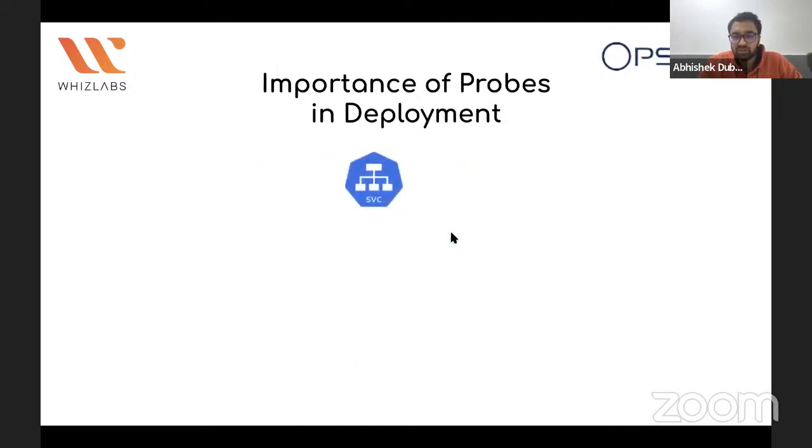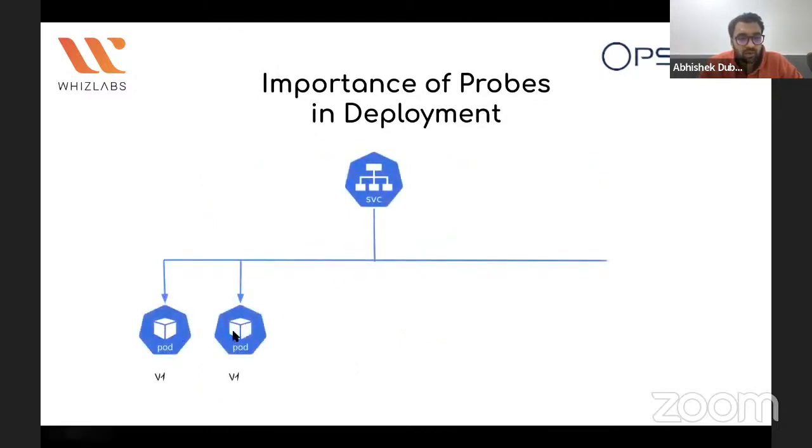Ideally, there should be a service which is serving the traffic, and these are the v1 pods. Now I want to make a deployment of the v2 version where I'm verifying whether the readiness and liveness probes succeed. So first, what will happen? A v2 pod will be created.